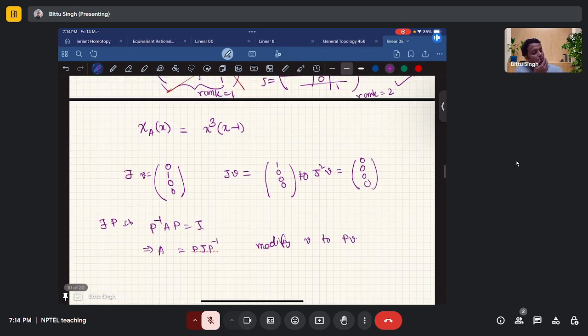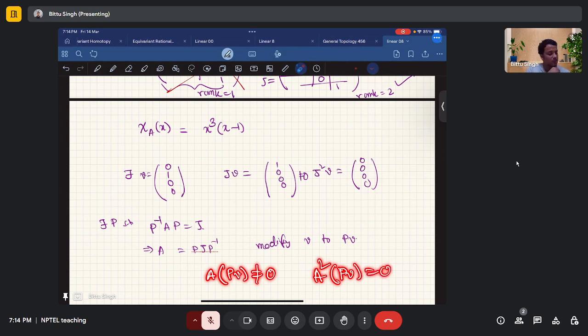If we put Pv here, we have A times Pv, which is non-zero, but A squared times Pv will be 0 because of this fact: A squared is the same as PJ squared P inverse, and we just multiply by Pv.